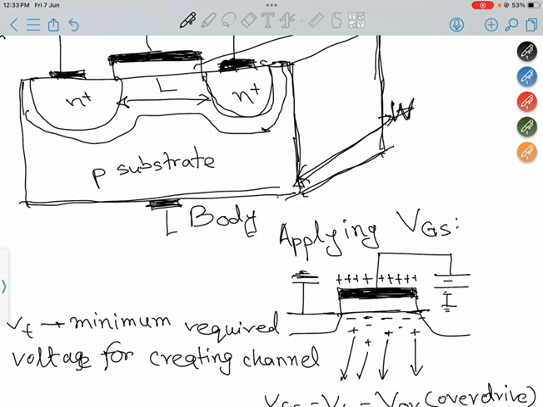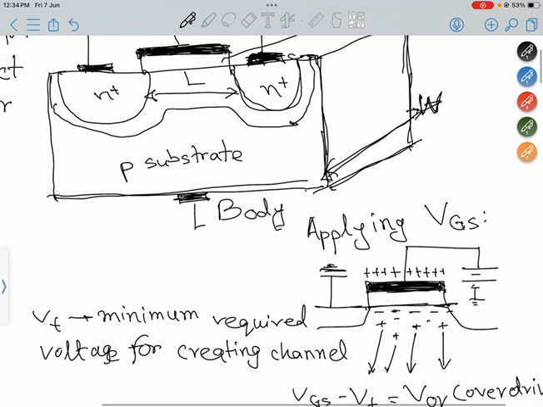Due to the accumulation of positive charge on the metal side of the oxide layer, the positive charges of the P substrate will move to the lower portion, and the negative ions will be there, and so a depletion region will be created where there will be no positive charge carrier, only negatively charged ions. This region will be called the channel, and the creation of such a channel is called inversion.